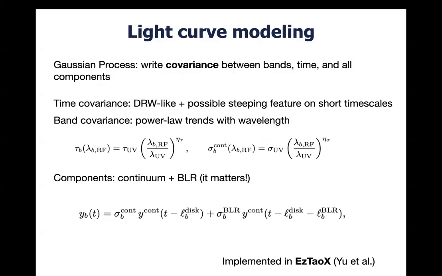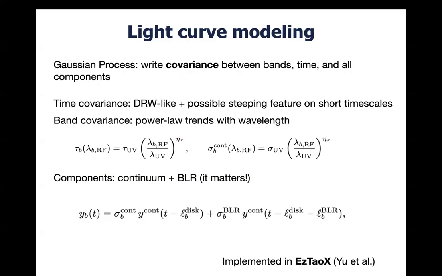So the model that we use is a Gaussian process where you have covariance between bands, or the rest-frame wavelength, and time, and then additional components. So we use basically DRW-like time covariance, and then we assume that those DRW parameters can vary with rest-frame wavelength according to simple power law correlations or scaling relations.